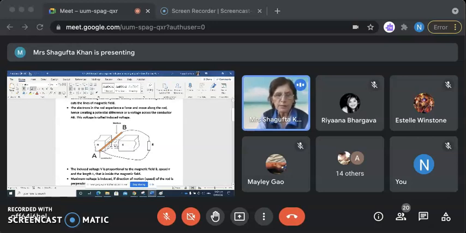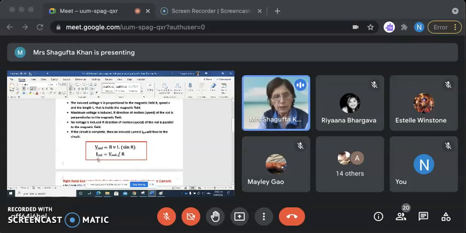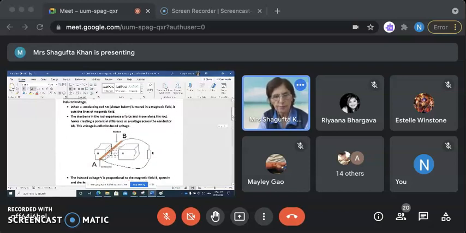So if it is parallel, induced voltage will be 0. And if it is a 90 degrees angle, induced voltage will be maximum. And if it is a complete circuit, then there will be current going through it. And how much will be the induced current? Induced current will be V induced divided by R, where R is the resistance in the circuit.